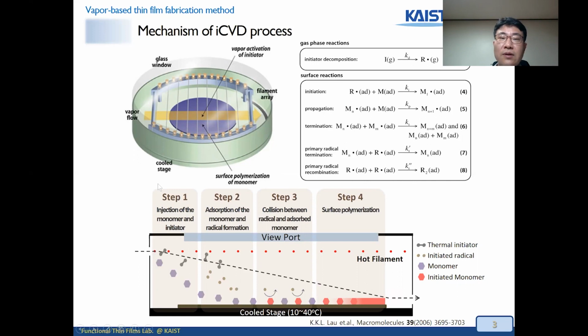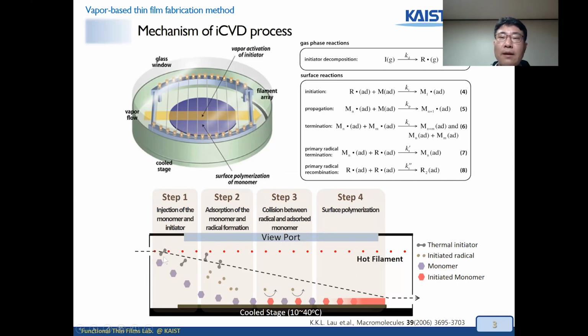Briefly, the reaction chamber looks like this, in this schematic figure. We flow in the initiator and the monomer, and the monomer is this kind of hexagon.